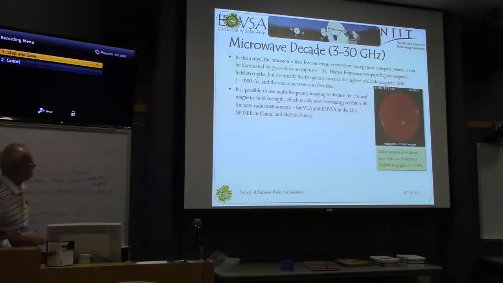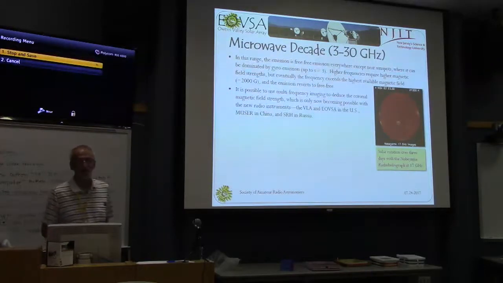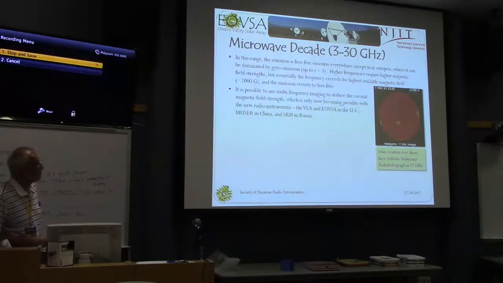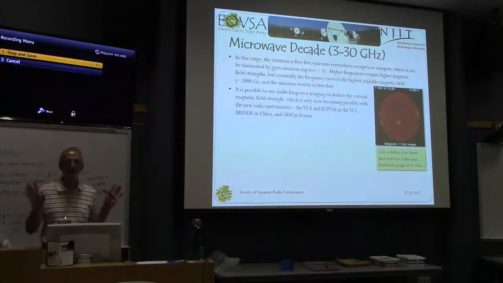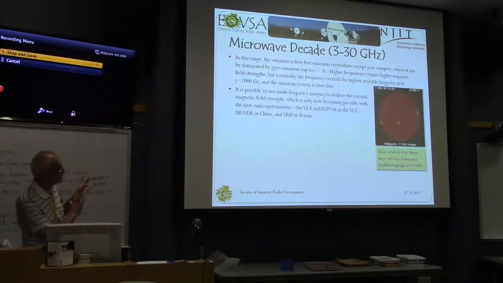So this is actually a movie of the rotating sun at 17 gigahertz from the Nobeyama Radioheliograph. This is a radioheliograph in Japan, which is still operating, but its biggest problem is it only operates at 2 frequencies, 2 narrow frequencies widely separated. So we can't look at the spectral behavior, but it makes a very, very nice image.